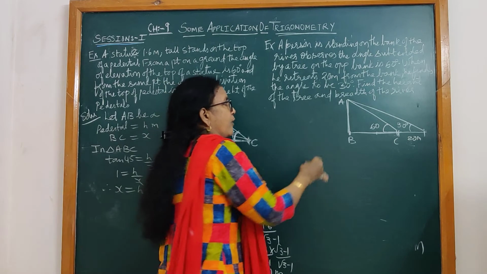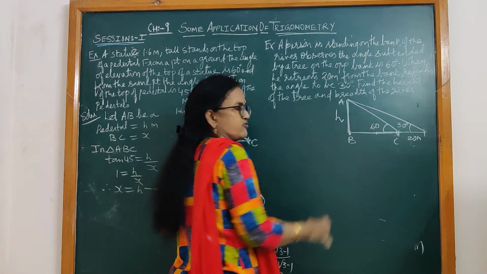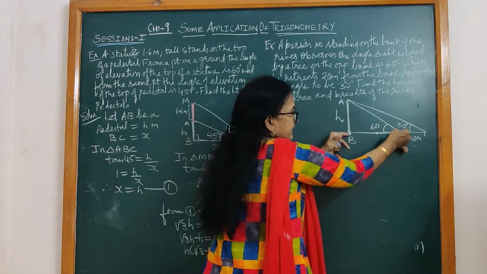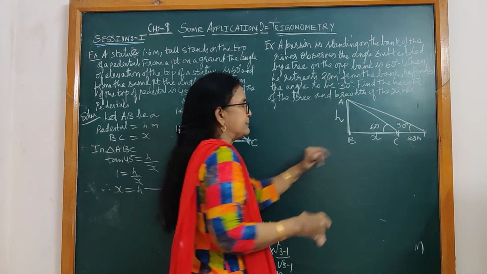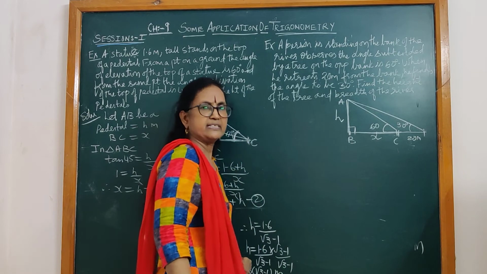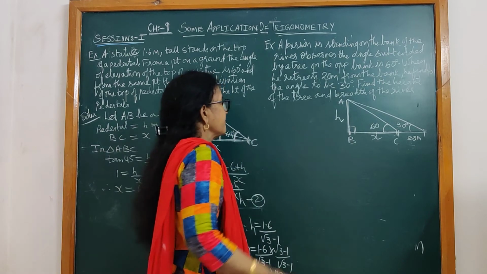Find the height of the tree. Let the height of the tree be h and the width of the river be x. And you know that it is always perpendicular, so 90 degrees. It is a right triangle.